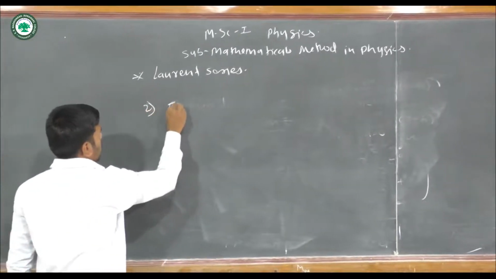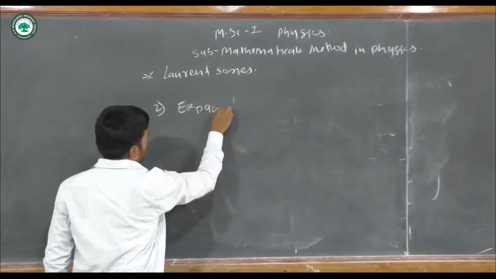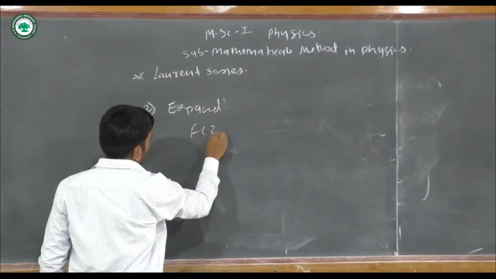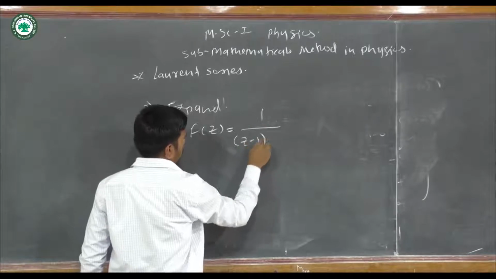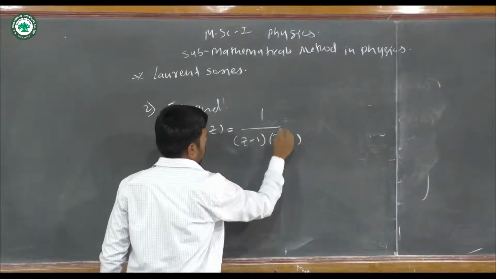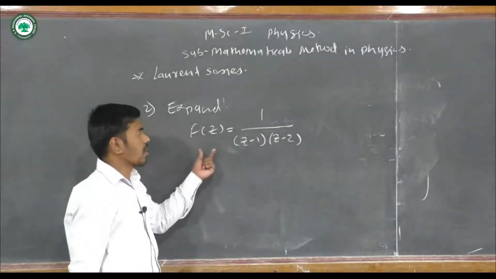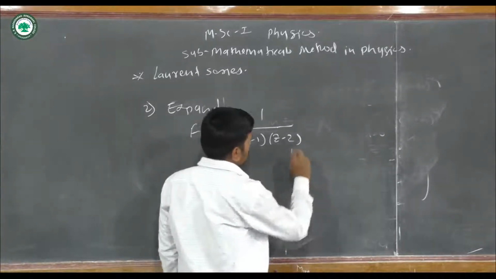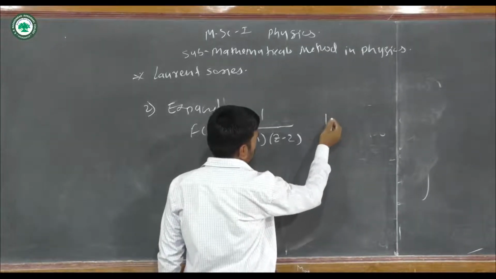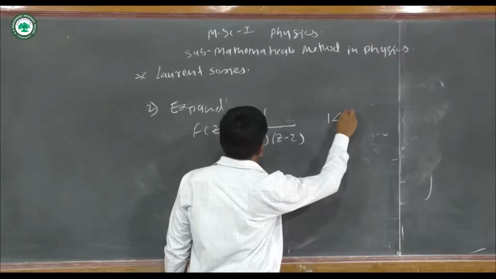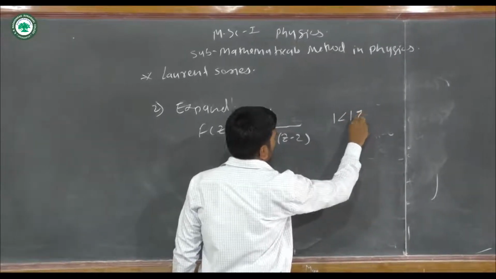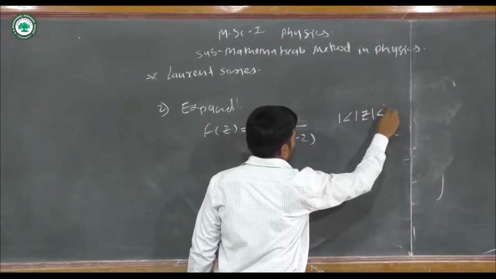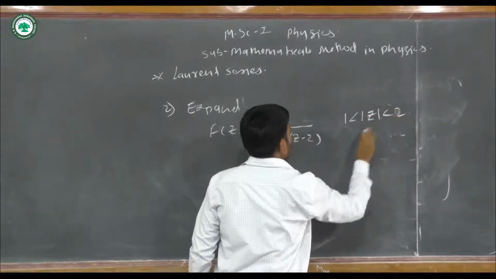Now the second example: expand by the Laurent series f of z equal to 1 by z minus 1 into z minus 2. For this they have given the region 1 less than mod z less than 2.